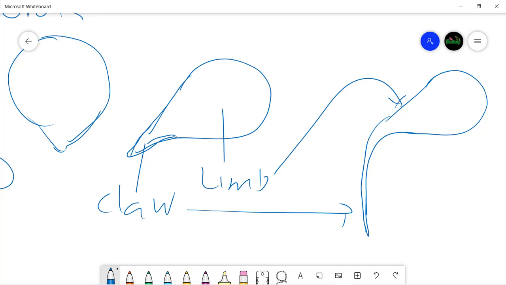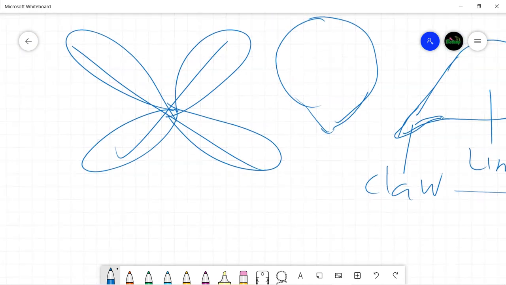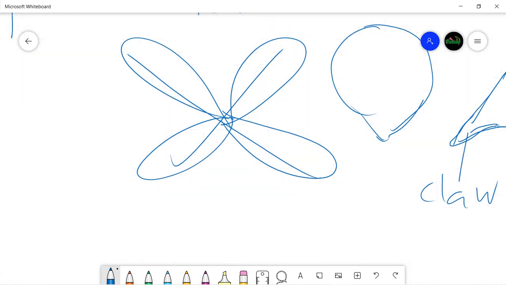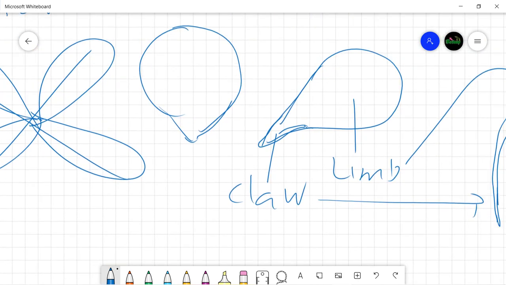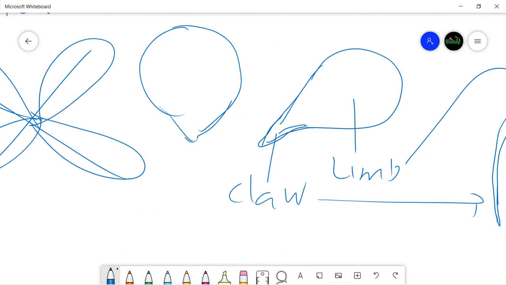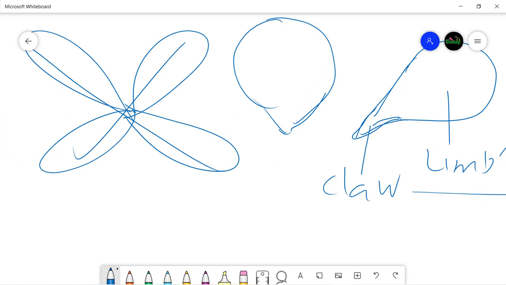So this is a claw and this is their limb. So in family Brassicaceae, the structure of the corolla, or the shape of the petal, they have a claw and a limb. Now you get the idea what is claw and what is a limb.